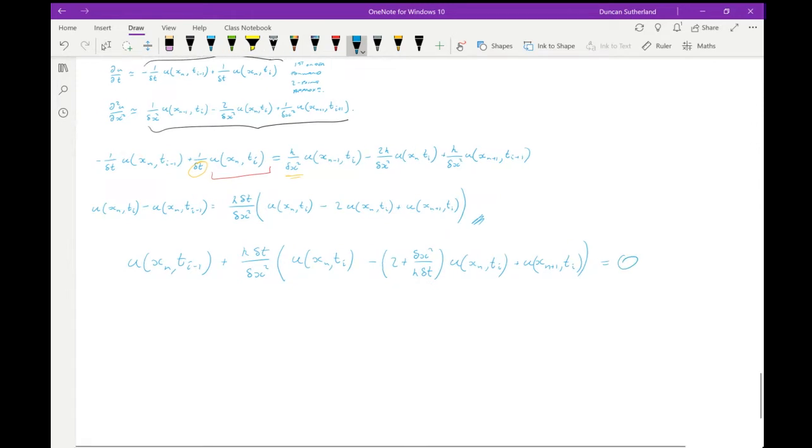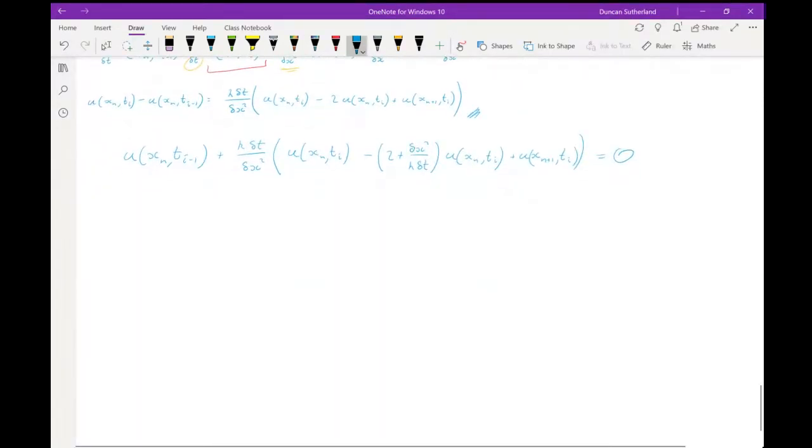Right, so this tells us how we can go from one time level to the other, right? So let me just go and look at my numerical thing.